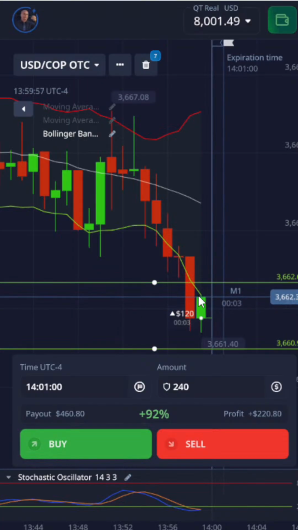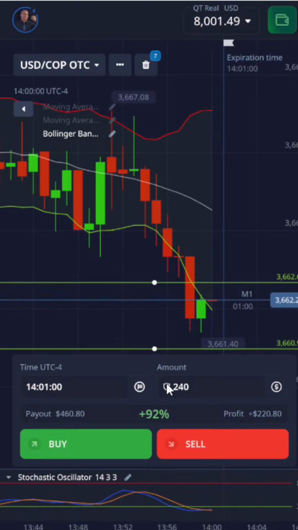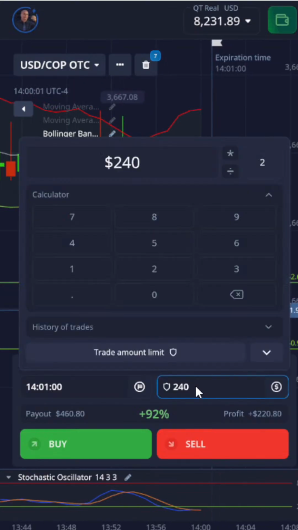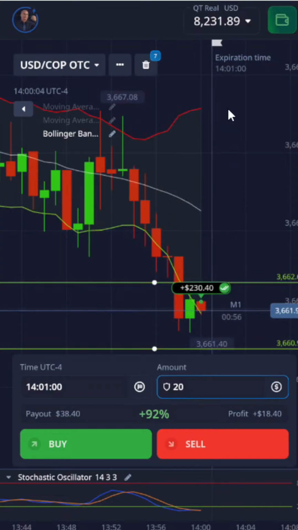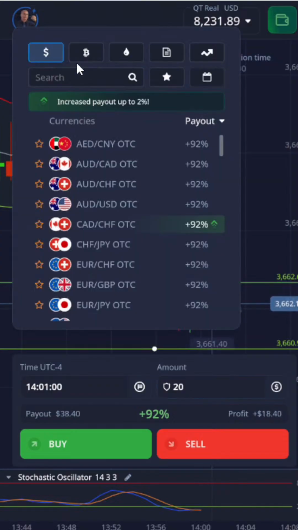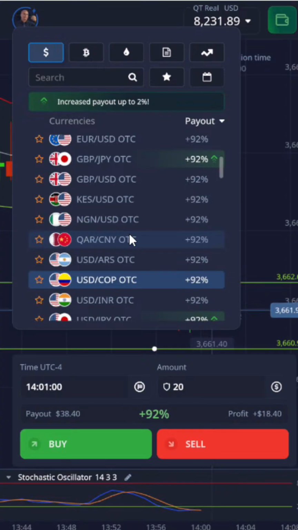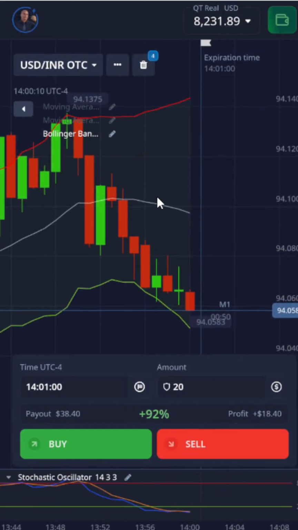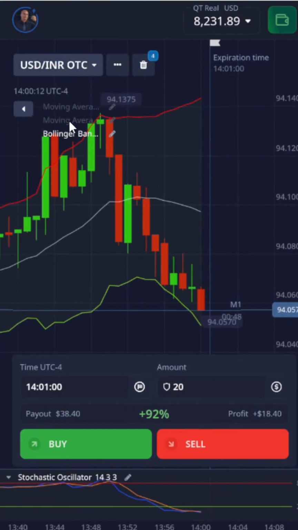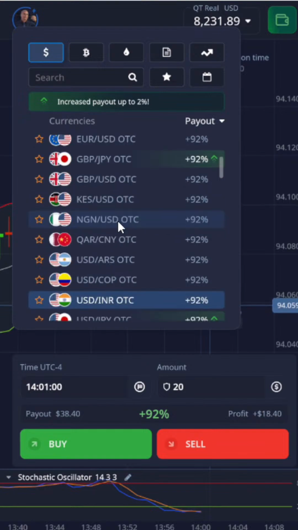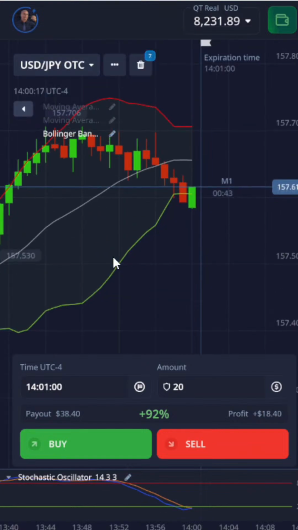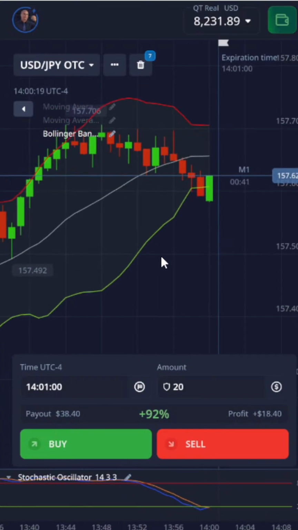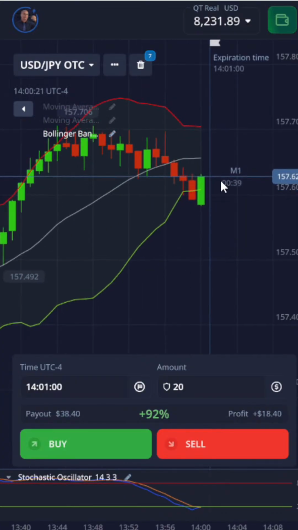All right, that was a winner. I was prepared to martingale again, but let me go back to 20. No, that one's not looking good. All right. So if that candle comes down right here, I'm gonna buy up.